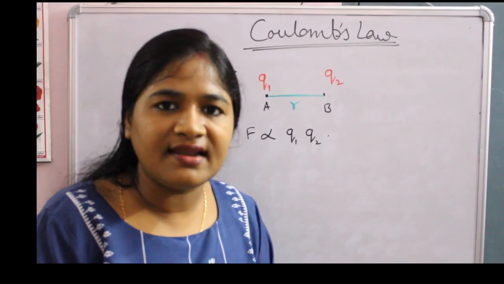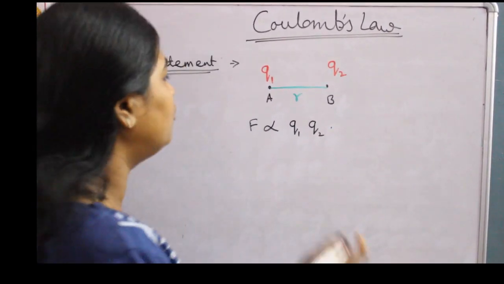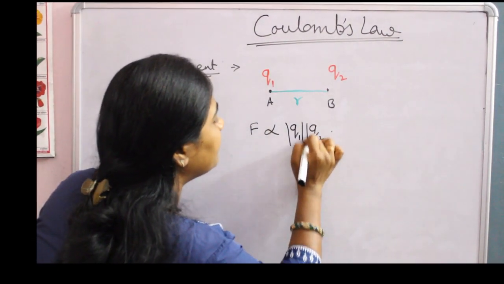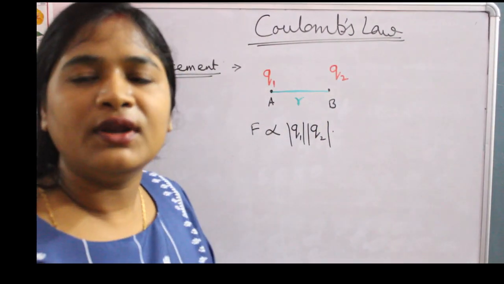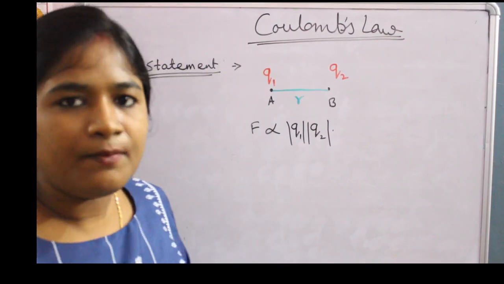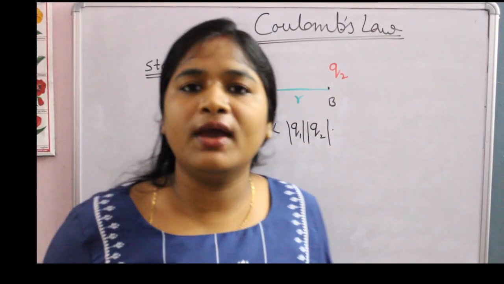Since I am not mentioning the directional part, I am talking only about the magnitude, I will take the mod. Whatever the sign, it doesn't matter, so mod will always be positive. So F is proportional to Q1 Q2.